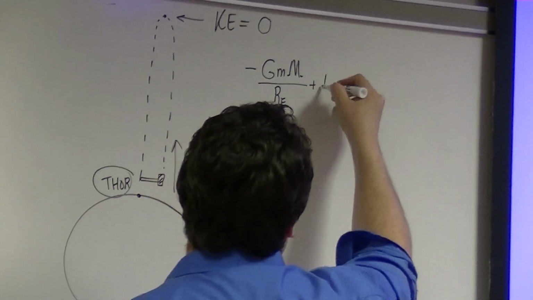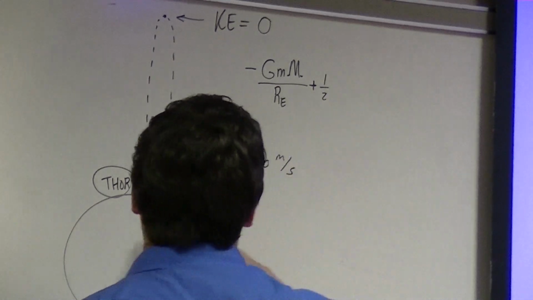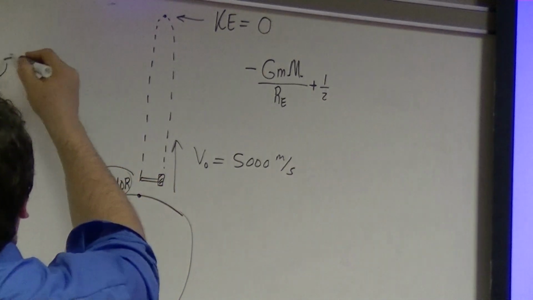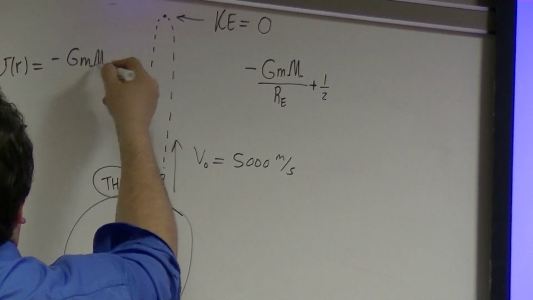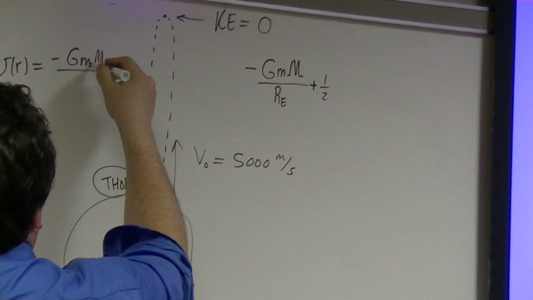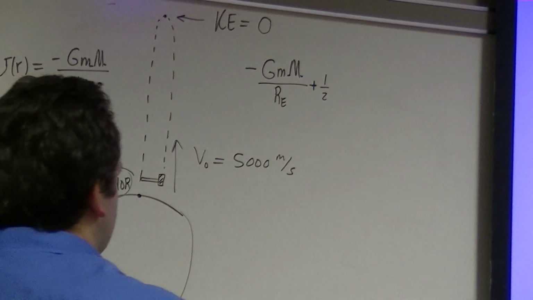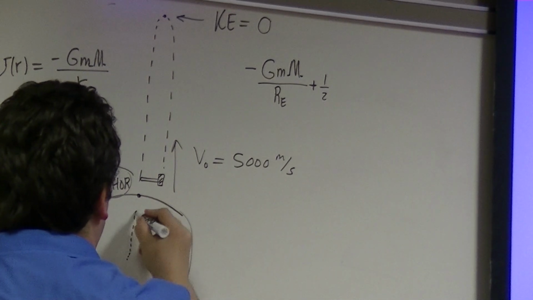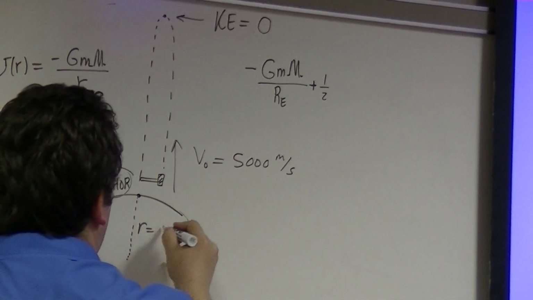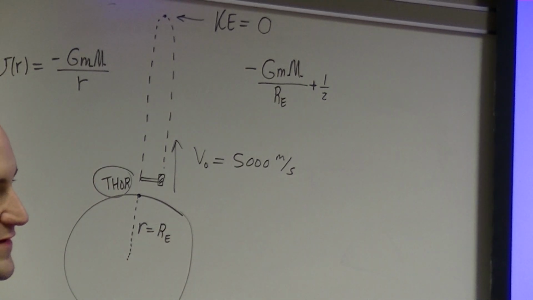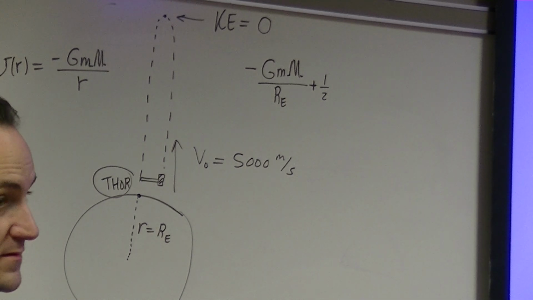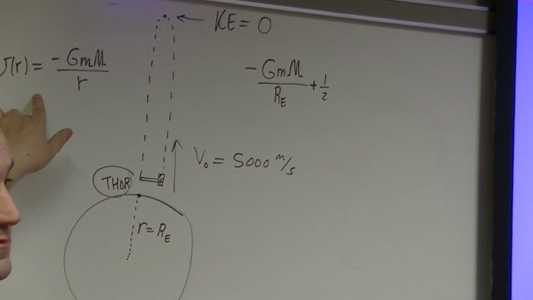Now, why is the initial energy negative? Because if we use U of R equals minus GMM over R, the initial R is equal to the radius of the Earth. In other words, gravitational potential energy is always negative if you use this formula.